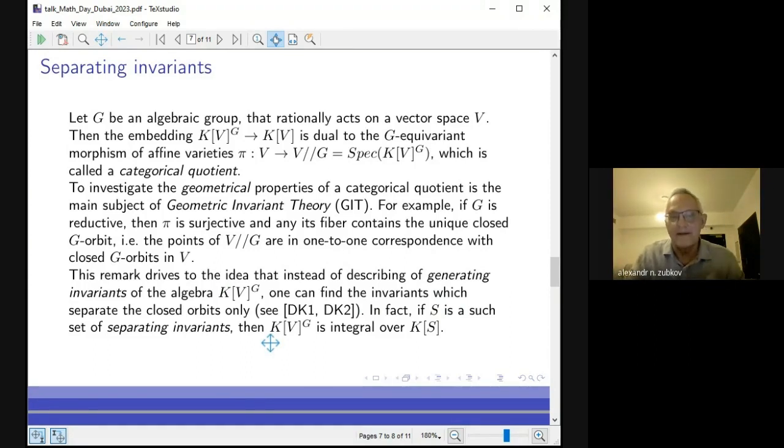So you can find some polynomial from this set S for which the value of this invariant on one n-tuple of octonions is different from the value of the same invariant polynomial on another n-tuple of octonions, in the case when the orbits of these n-tuples are closed and different from each other.